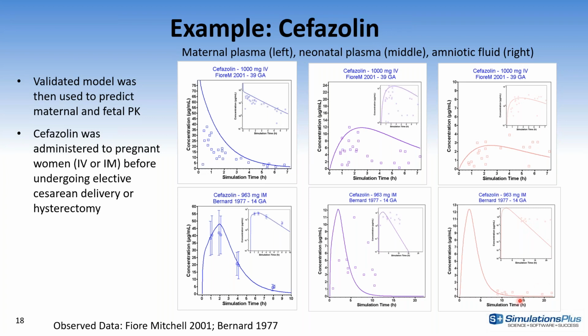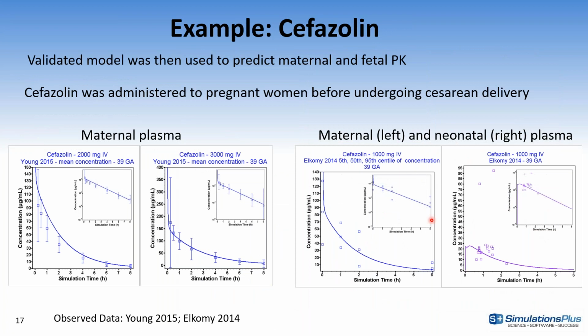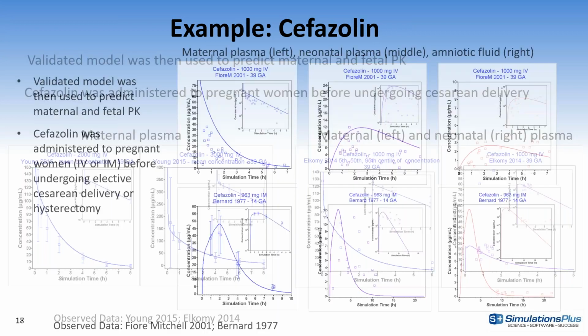After several hours, the compound should be gone from the system by then. But overall, the predictions are working fairly well. And again, all of these predictions in the pregnancy are done by simply replacing physiology without making any additional changes to the model parameters.